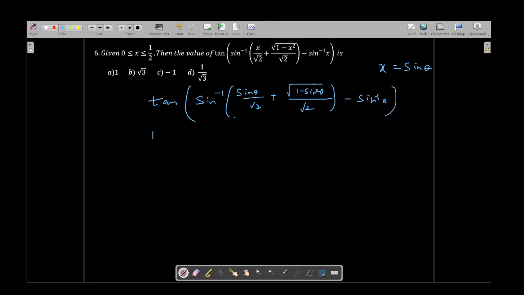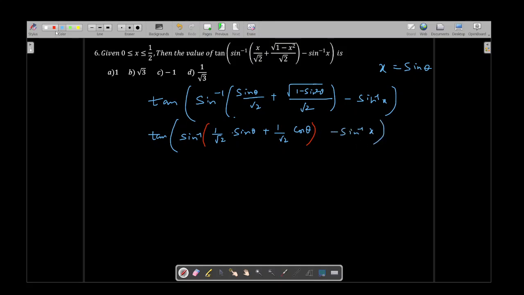So this is equal to tan of sine inverse of, let me take a bracket in a different color, 1 by root 2 sine theta plus 1 by root 2. This 1 minus sine square theta is cos square theta under root. So if I remove the root, I'll get cos theta, and I'll close this bracket, minus sine inverse of x.